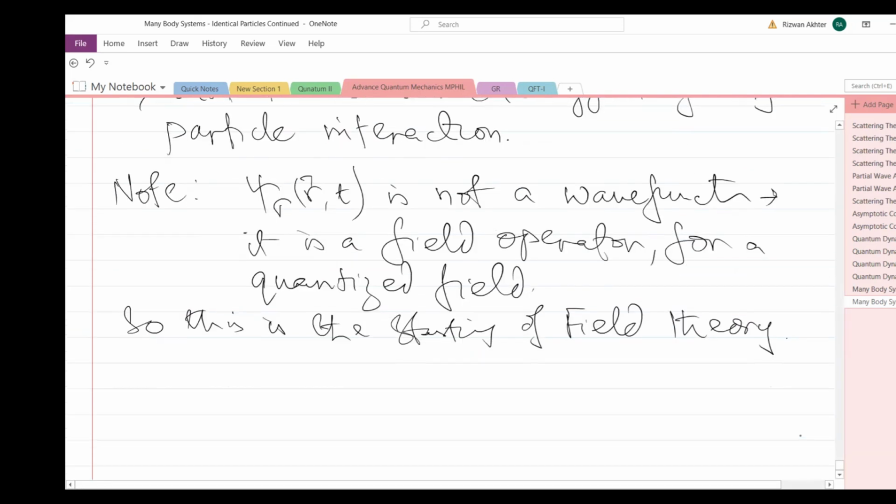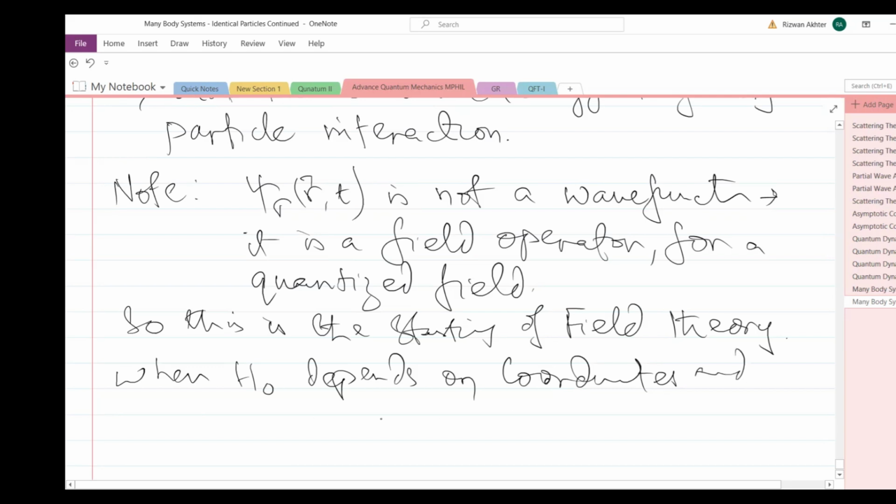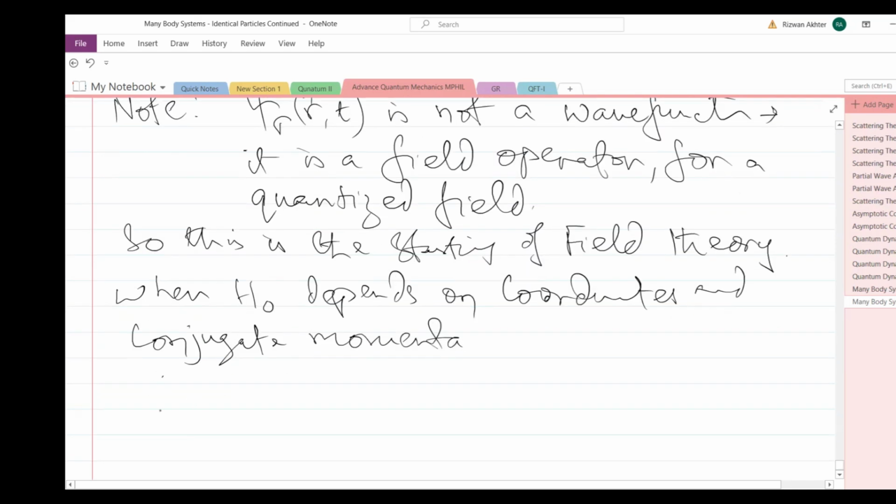When H naught in the equation of motion depends on coordinates and conjugate momenta, then this quantity would become the Hamiltonian. Then we have R sigma of H naught R prime sigma prime would become H naught, which is a function of R minus iota H into del.